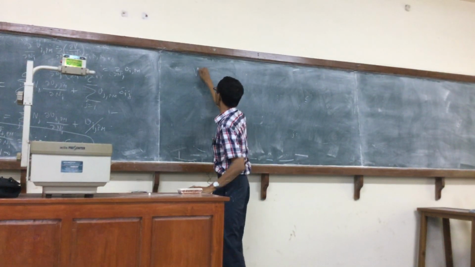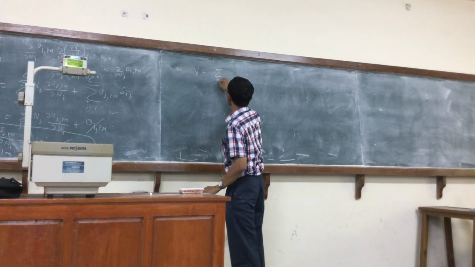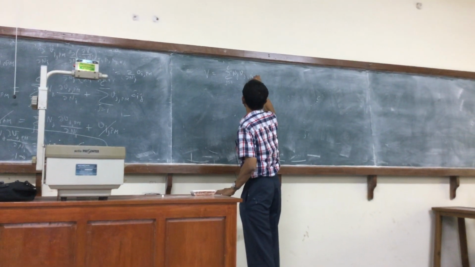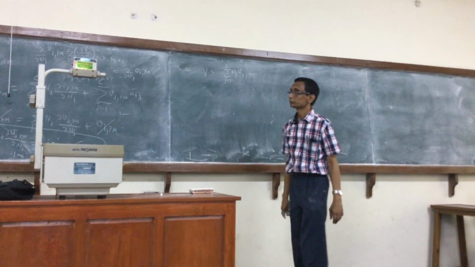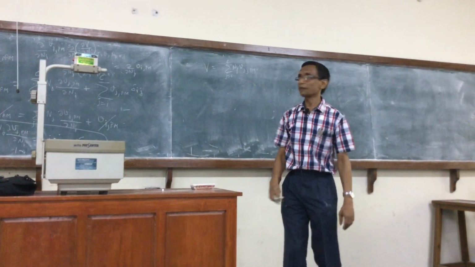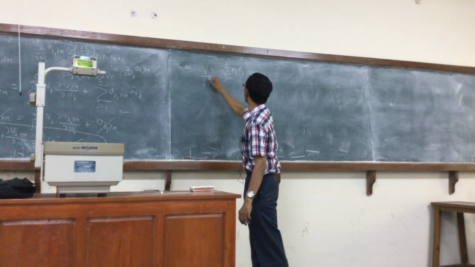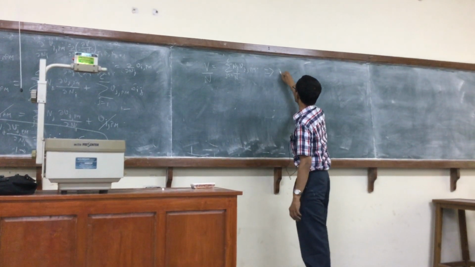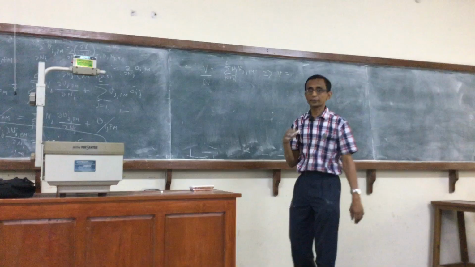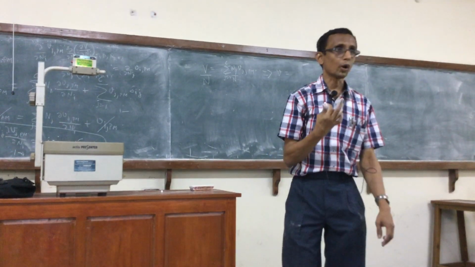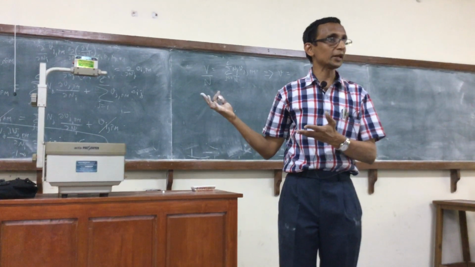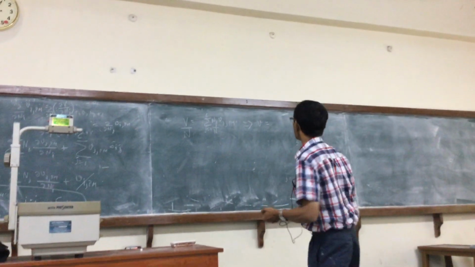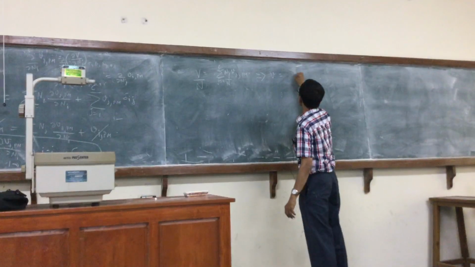So I start from V. Now I divide both sides by the total number of moles. So clearly this becomes an expression for the specific volume. This will apply to any property. You have the enthalpy, you will get the specific enthalpy in terms of the mole fractions.